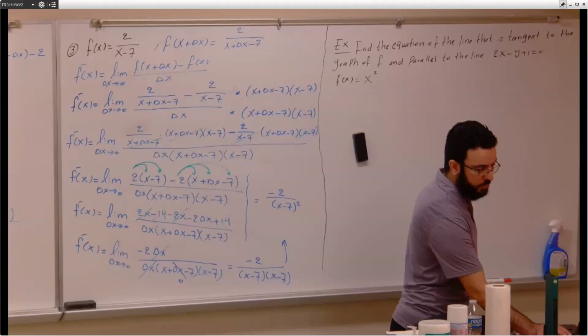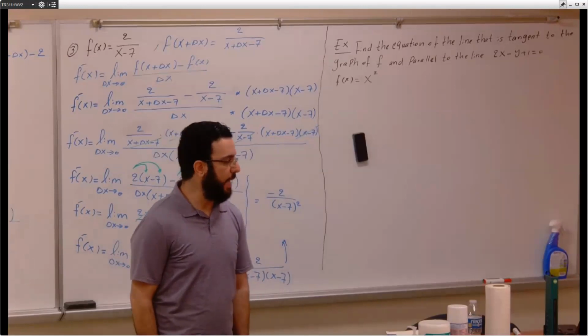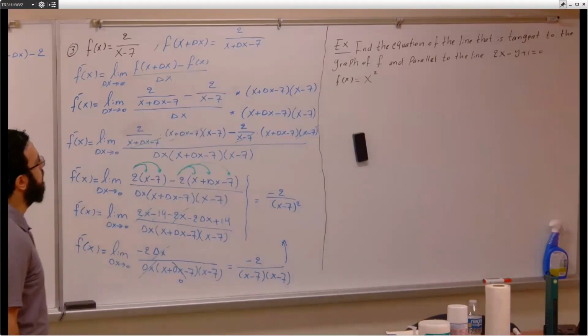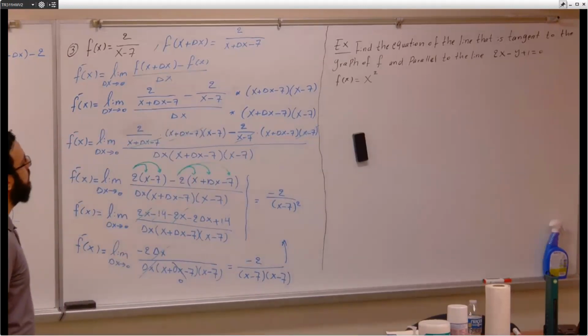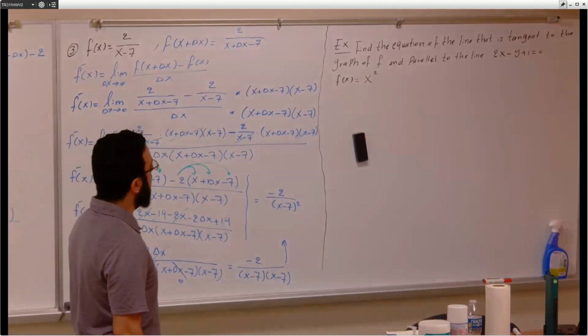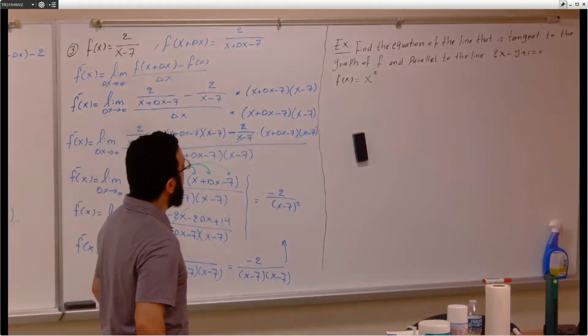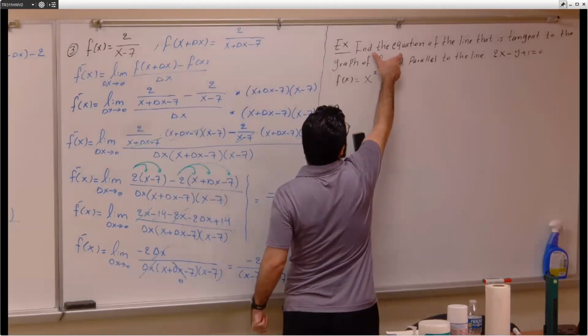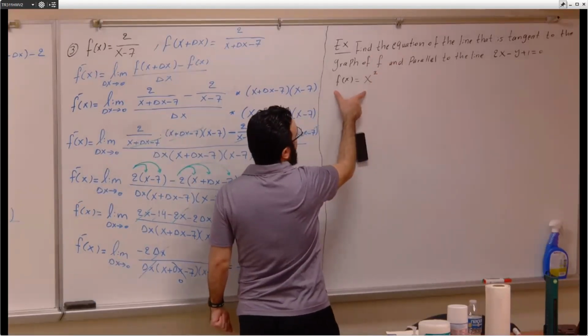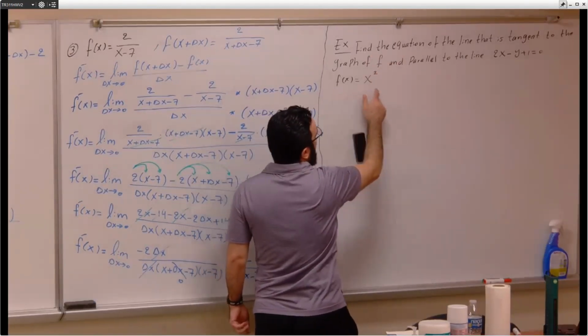Find the equation of the line that is tangent to the graph of f and parallel to the line given here.